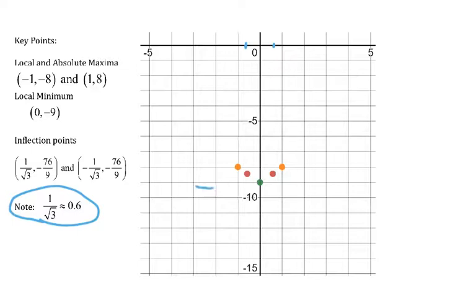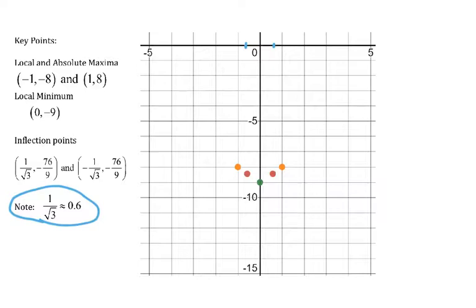This is my inflection points. And what is going on here? Well, this is the maximum right here. Let's get these out of here. Okay, just so you know what's going on.